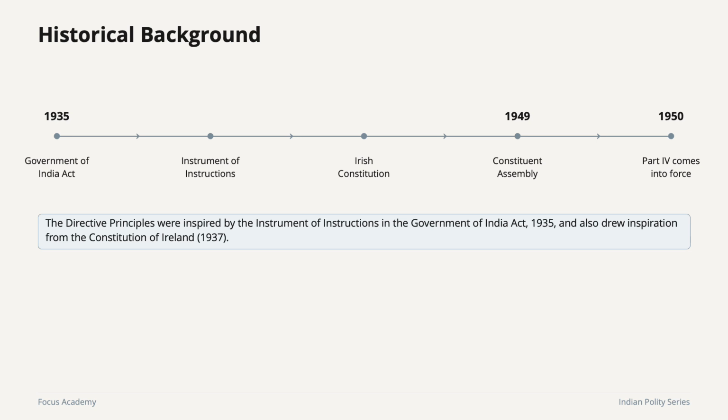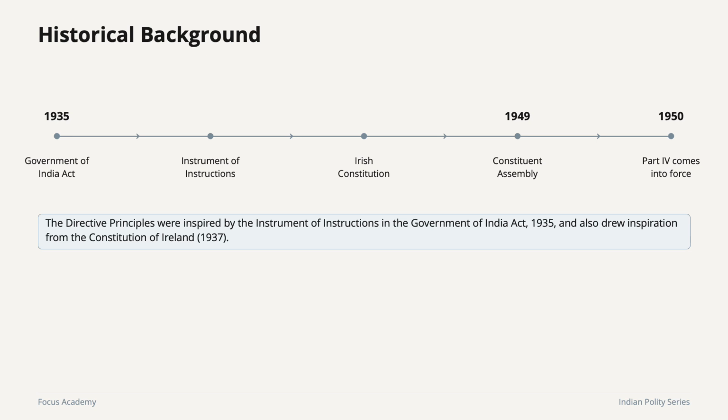Who ruled India? The Secretary of State for India, the Governor General of India and the provincial Governors. Instrument of Instructions were instructions given to the British leaders during the colonial period on how to govern India in a good way. So they copied it in the Indian Constitution as Directive Principles of State Policy.